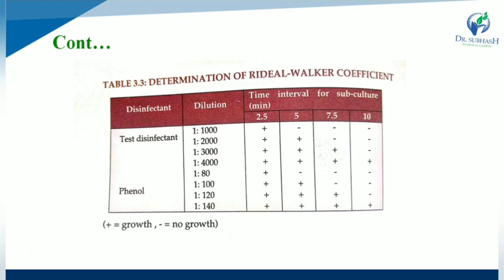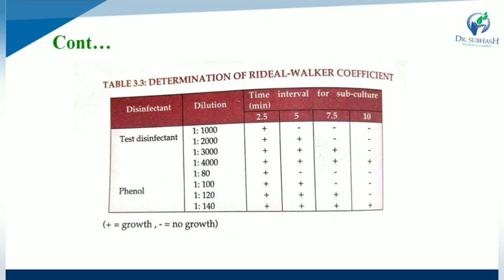With 1 in 4000, growth is present at all intervals. How is it differentiated? With 1 in 1000, growth is present only at 2.5 minutes, while with 1 in 4000 the dilution is increased, so disinfectant activity is reduced and maximum growth is present.